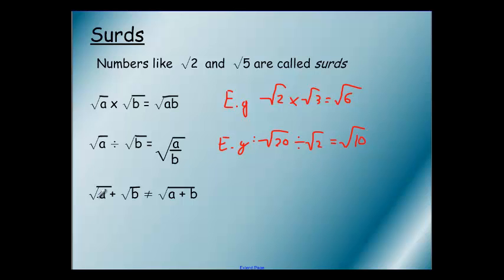But finally, we can't just add two square root numbers together. So for example, the square root of 2 plus the square root of 3 is not the square root of 5. We're not allowed to just add those two together.